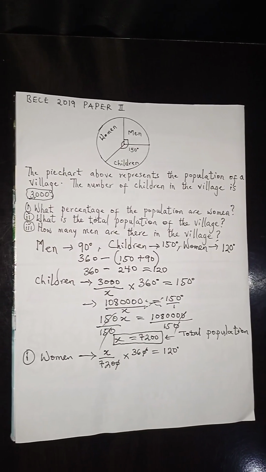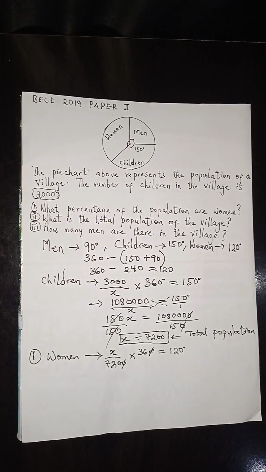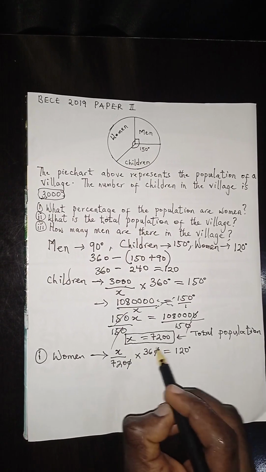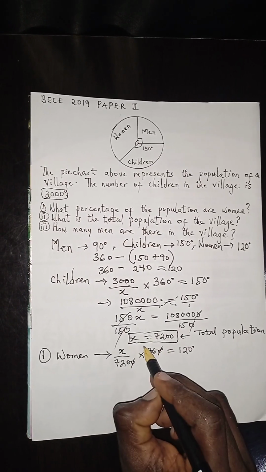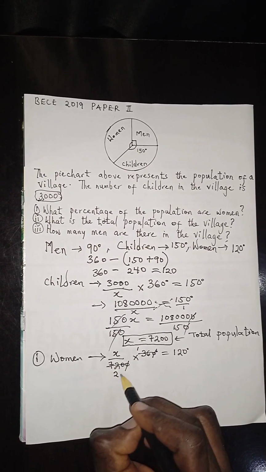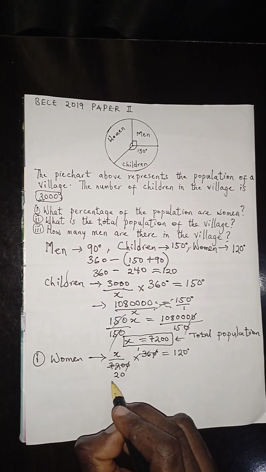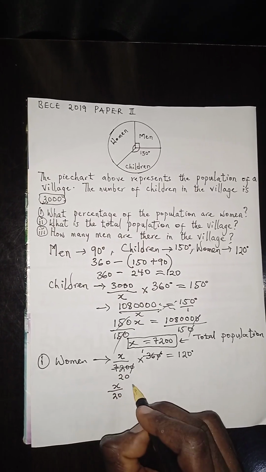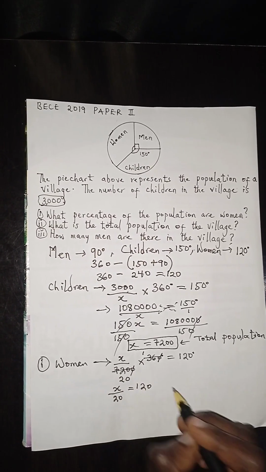Now let's see, 720 can be divided by 36. So 720 divided by 36 gives us 20. So this has been reduced to x over 20 equals 120.